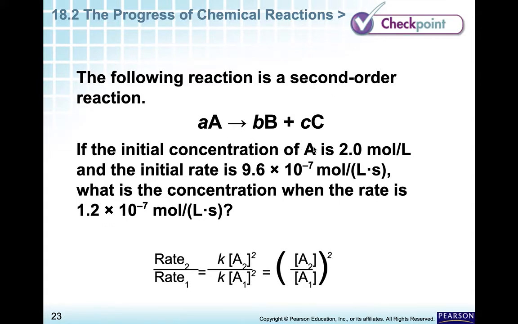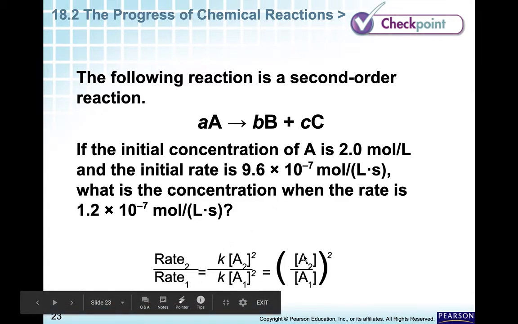And we're given values for 2 trials. We're given one trial in which we know the initial concentration of A and the initial rate. And we're given an additional trial in which we know the rate but not the concentration of A. So we've got four values here in our equation.